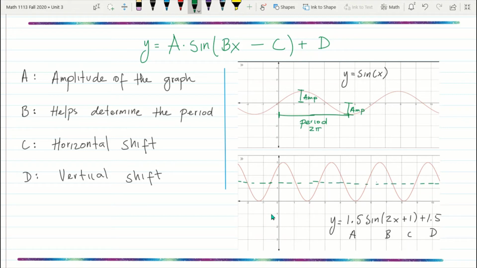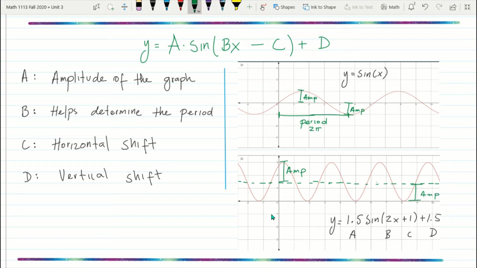So there's a line down the middle, and the value of a is 1.5. So notice how it goes from 1.5 all the way up to 3. That is my amplitude, right? So 1.5, and I'm going to move it a little bit over here so that it doesn't bother anything else, right? That's the amplitude.